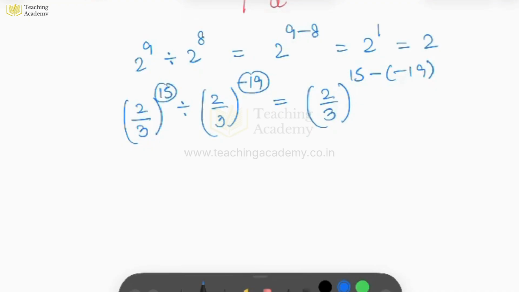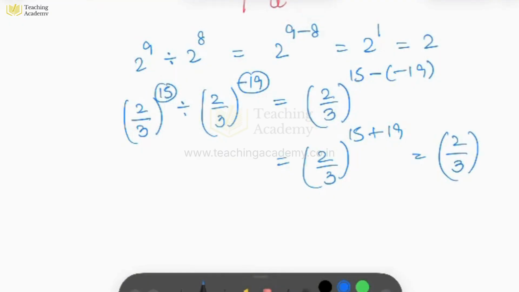So basically 15 and negative 19 are not going to change their sign, but I am introducing one more extra minus sign because of the law. So that means my answer is going to be 2 over 3 to the power 15 plus 19, right? So 15 plus 19 is 34. So that's your answer here.